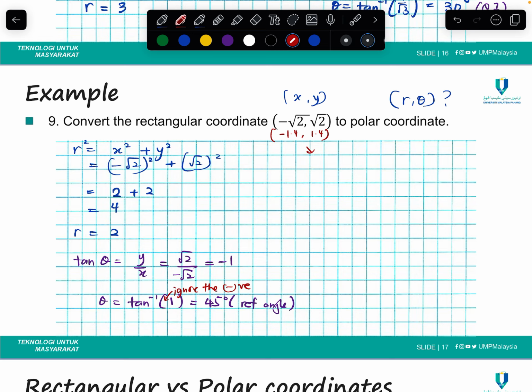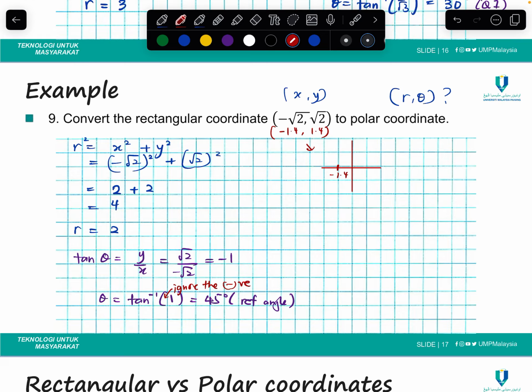If you draw the rectangular coordinates, the position is here in quadrant 2. Our answer, the reference angle, is in quadrant 1.